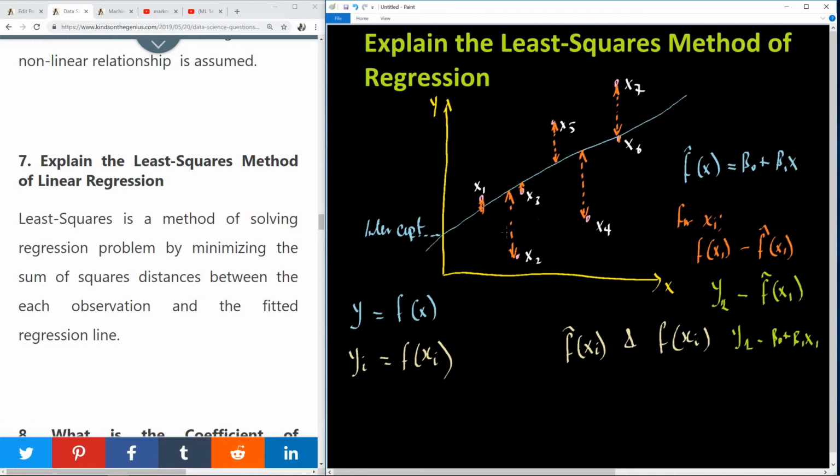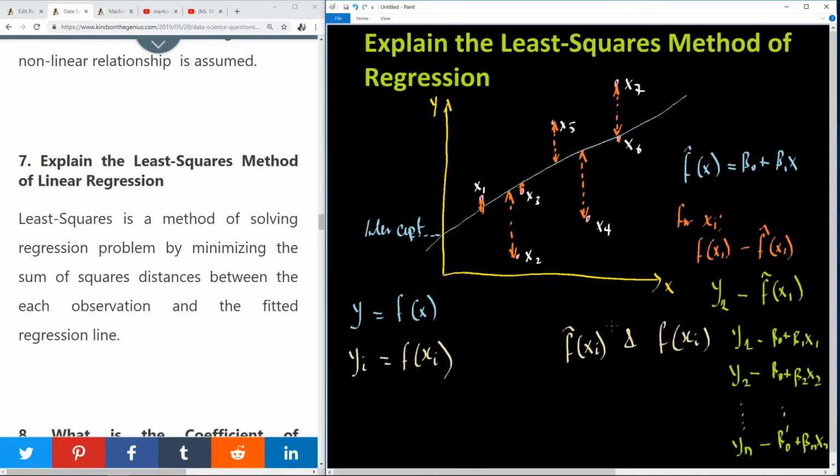For the second one, for x2, we have y2 minus (beta 0 plus beta 2 x2). We now have yn, for n number of items, minus (beta 0 plus beta n xn).